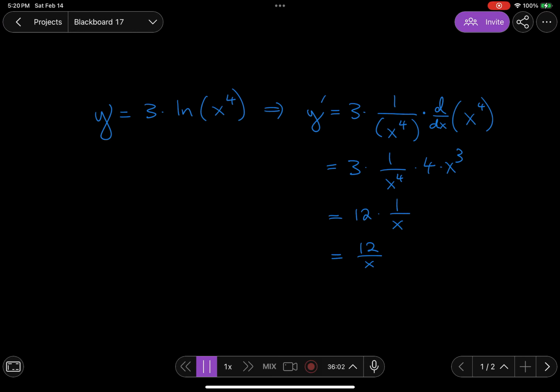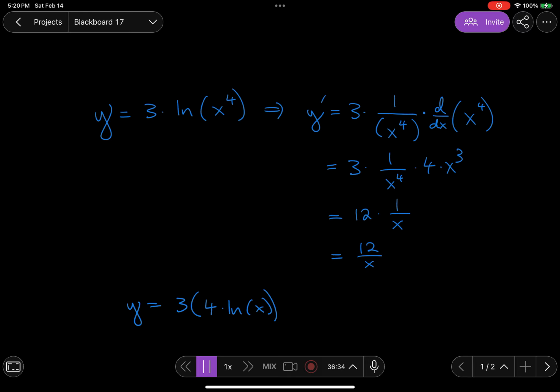So method 2. y is the same thing as 3 times 4 times the natural log of x. All right, so famous log rule. If the input is raised to a power, this number can come outside in front of the natural log. Be careful, that is not the power rule. That is simply a pure property of the natural log that we learned in algebra. In fact, this step involved no calculus.